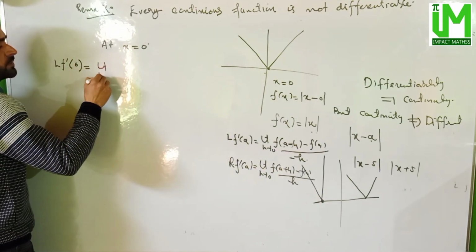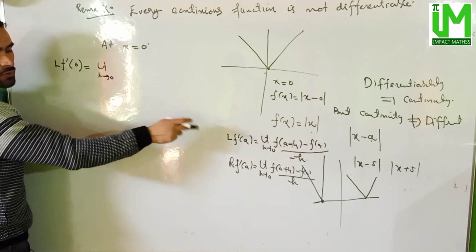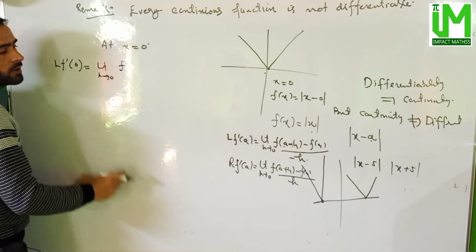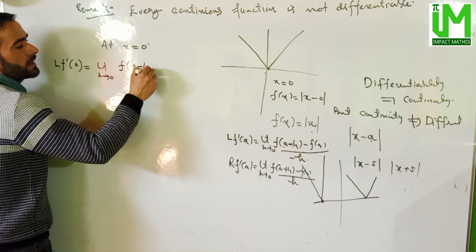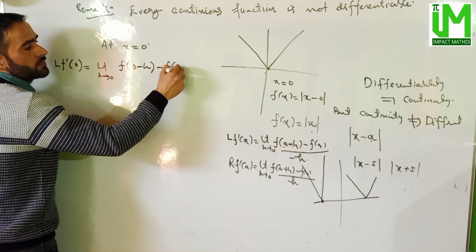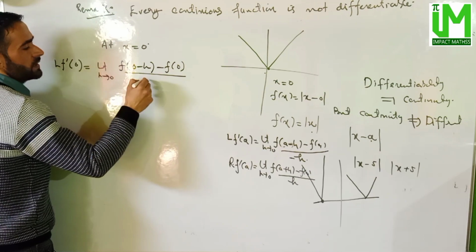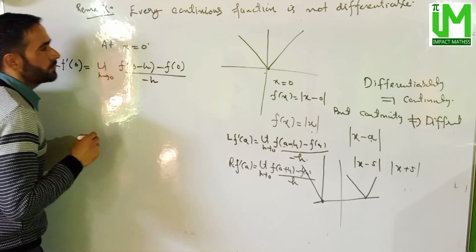So using this definition, limit h tends to 0 of f of 0 minus h minus f of 0 divided by minus h.